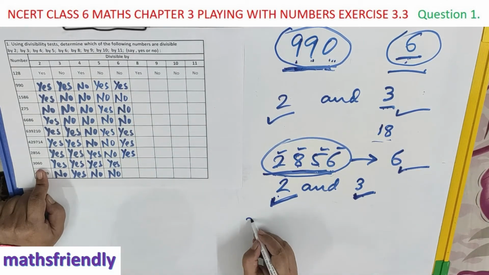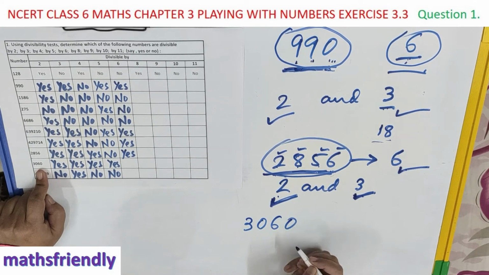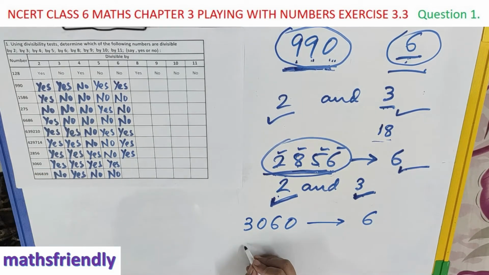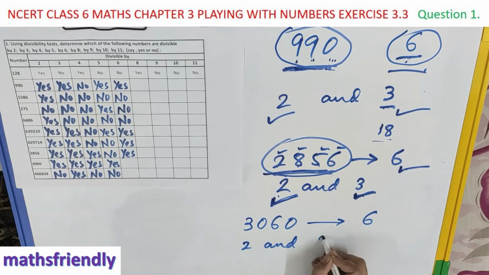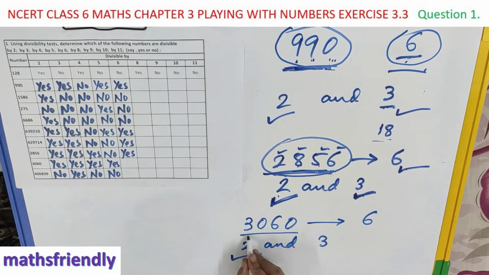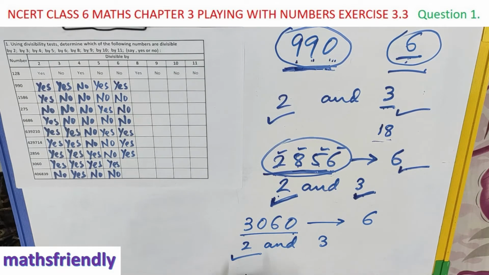Now what is the next number? The next number is 3060. Its divisibility by 6 we have to check. For that we have to check whether it is divisible by both 2 and 3 or not. Yes, this number is divisible by 2 because the units digit is 0. Now we have to check its divisibility by 3.